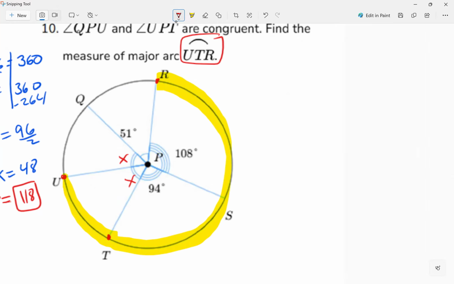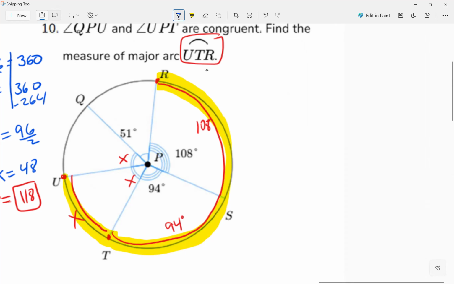Seems like I need X, right? Because I know this part is X. I know this part is 94 degrees. And I know this part right here is 108. Again, the arc has the same degrees as the central angle. So I need to solve for X again.